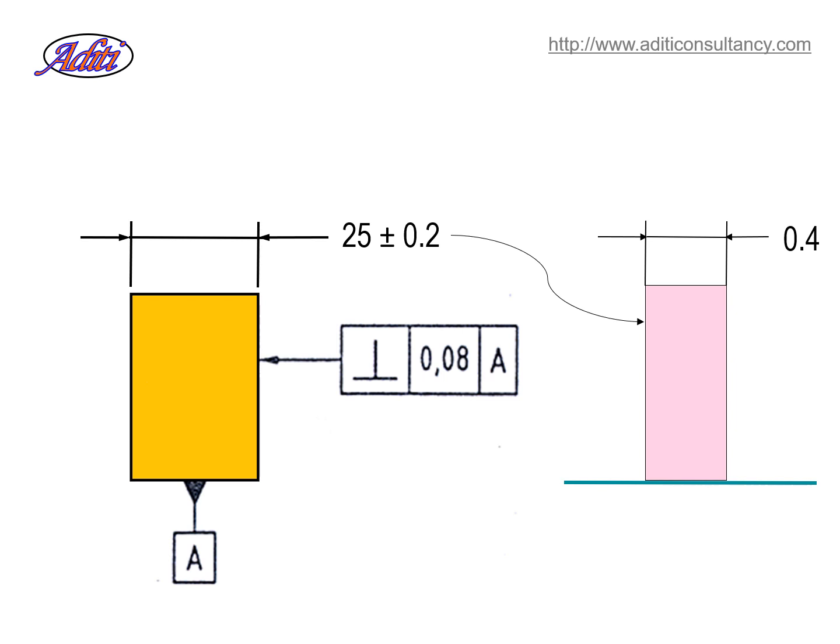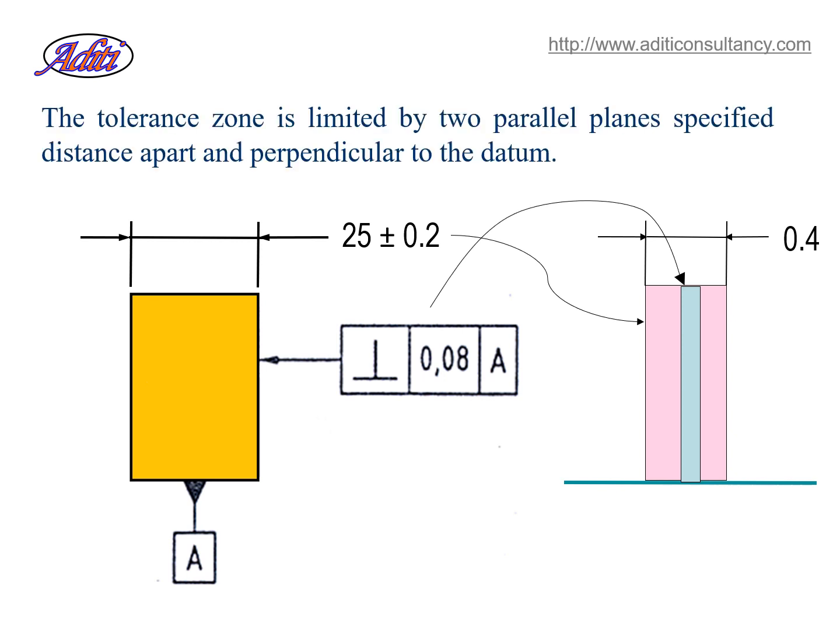This vertical surface is supposed to be at 90 degree to the bottom surface. If that 90 degree varies, it can vary only within 0.08 mm. Means the perpendicularity tolerance zone is limited by two parallel planes specified distance apart and perpendicular to the datum.